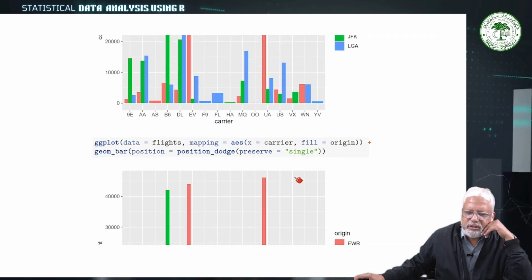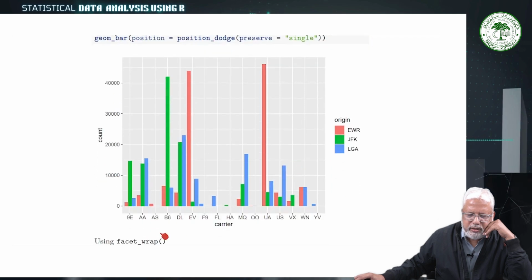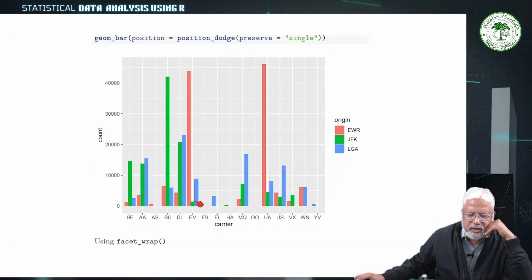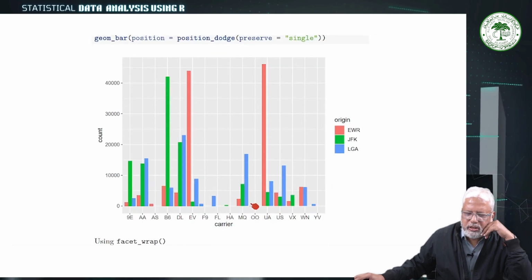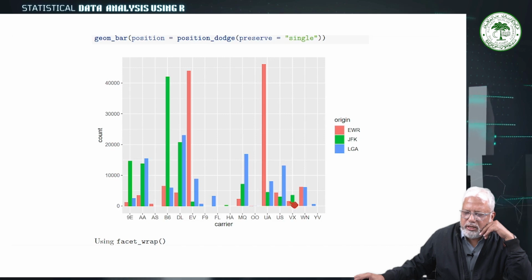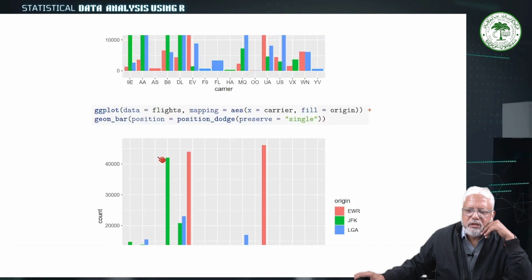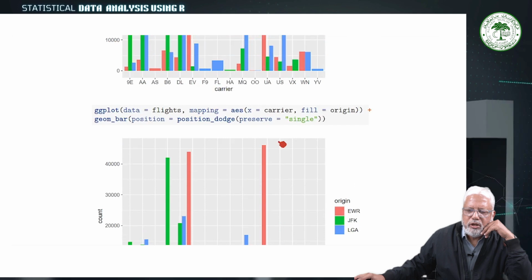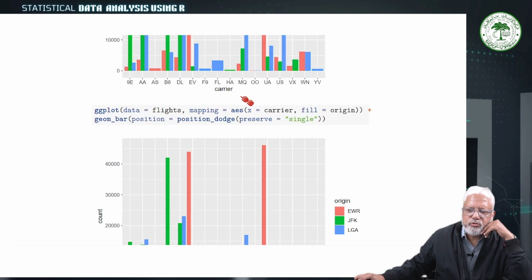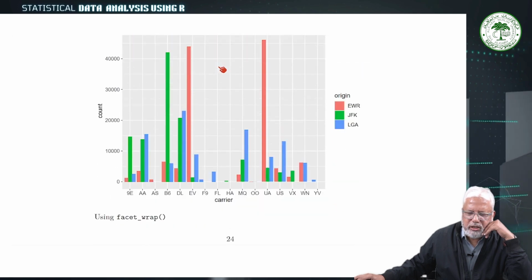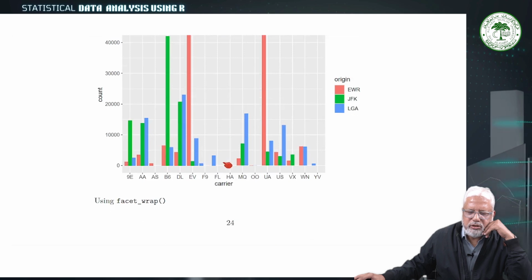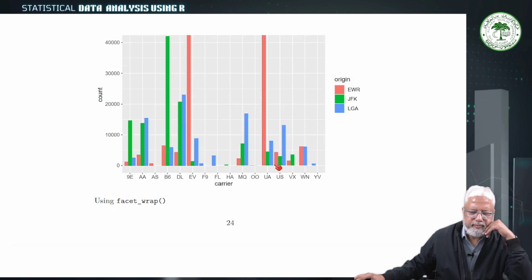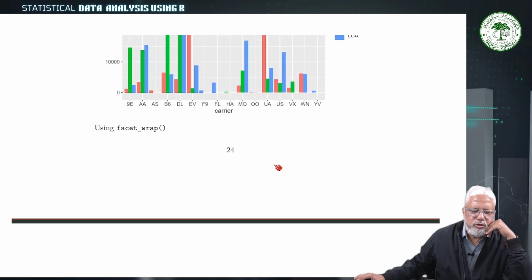So, it will have a single width everywhere. preserve is equal to single gives the same range. It is not thicker somewhere. When we give preserve is equal to single, it gives a single bin width.